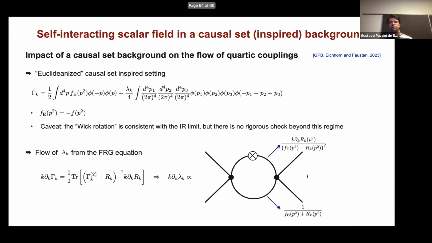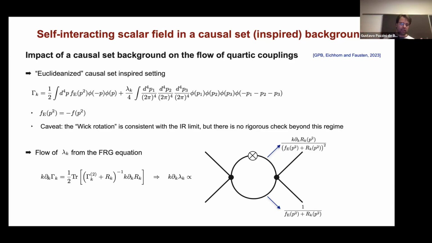To make sense of an FRG study of this, we have to consider a kind of Euclideanized version of this causal set scenario. The idea is essentially, okay, we want to apply the FRG method, so we want to define mass shells in a Wilsonian way.